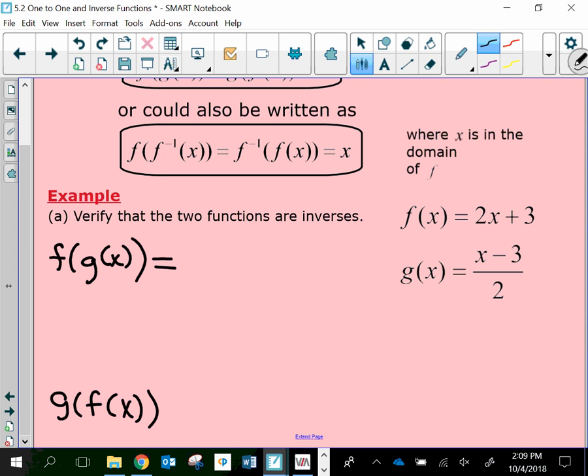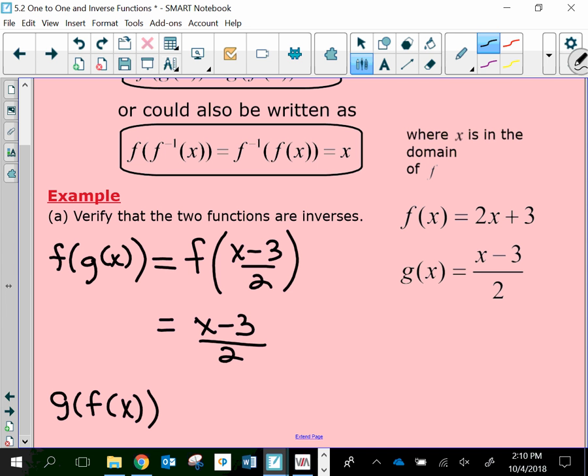All right. So how do we start this, Sabrina? Okay, so she plugged in her g of x. And then where does that g of x go inside? Okay, so x minus 3 over 2.